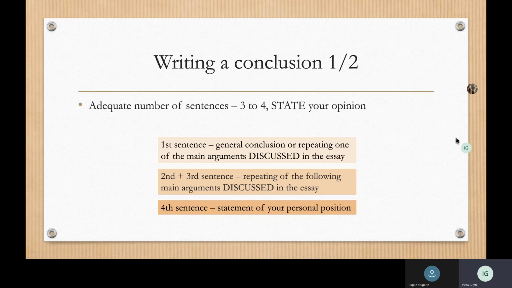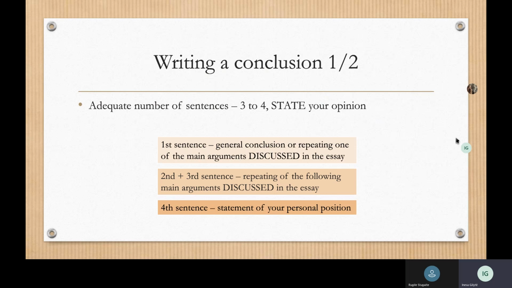Now, the first sentence is for a general conclusion, if you want to do that, but usually the first 2 or 3 sentences are made for repeating the main arguments that you have discussed in the essay.